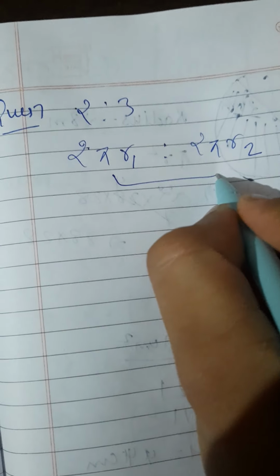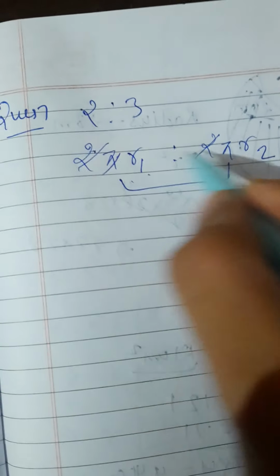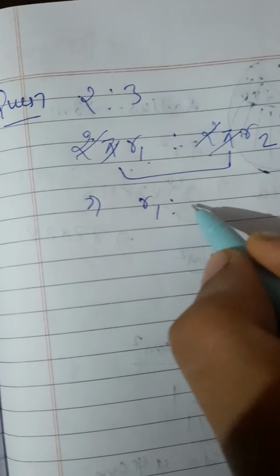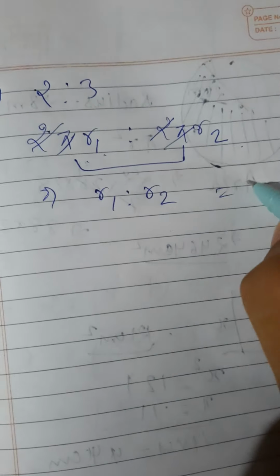So these are the ratio of two circles with radius r1 and r2. Here we can simply cancel out the value 2 and pi. So we are left with r1 ratio r2, which is 2:3.